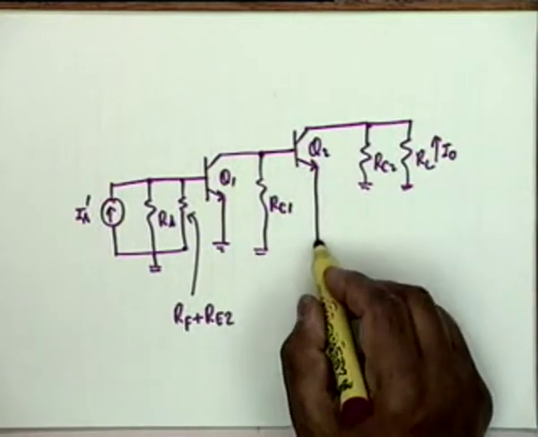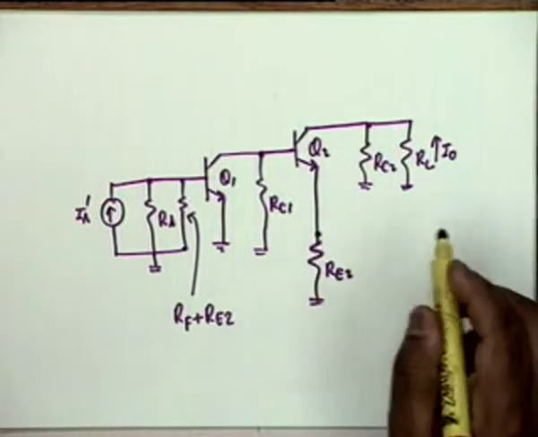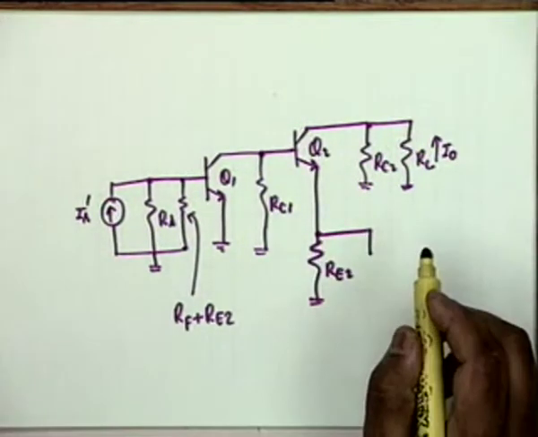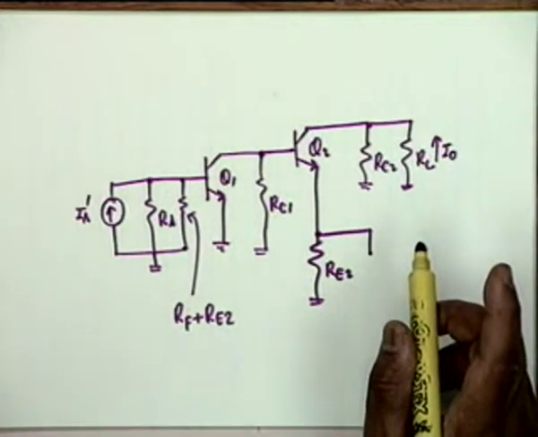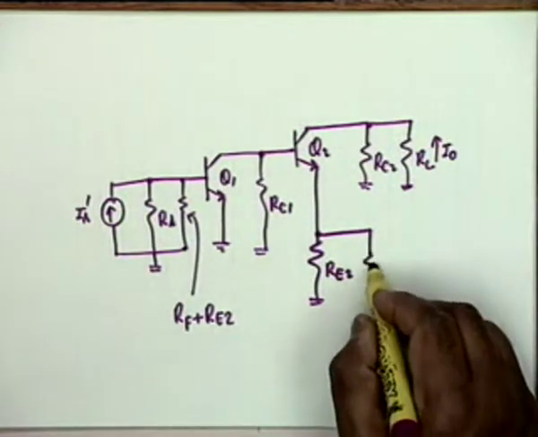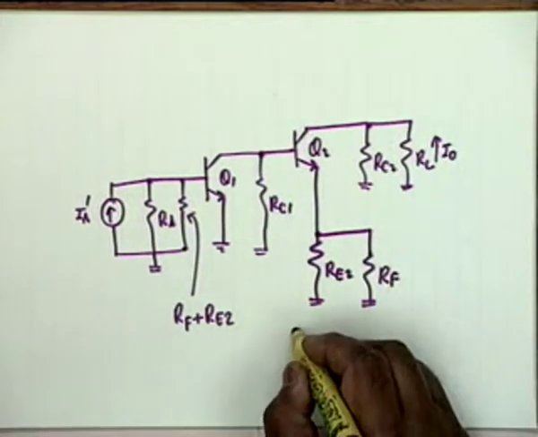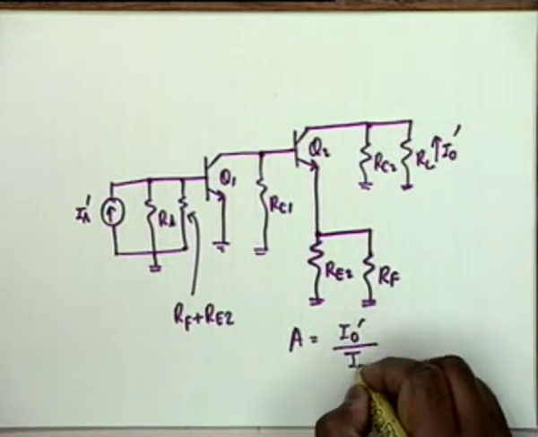Then at the emitter, Re2 shall be paralleled by what? Simply Rf, because port 1 of the feedback network has to be shorted. So, it is simply Rf. This is my A network, and A is identified as I0 prime divided by Is prime.